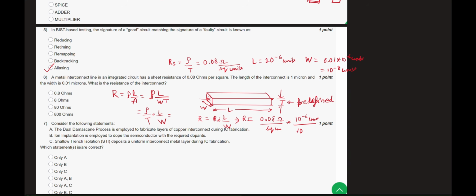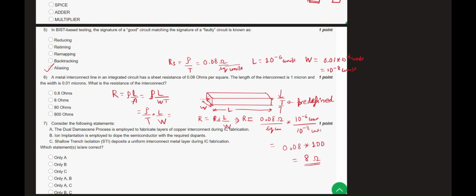And the W value is given as 10 raised to the power minus 8 units. So I will get the answer as 0.08 times, this will become 100, and it will become 8 ohms, right? So this is my solution here.